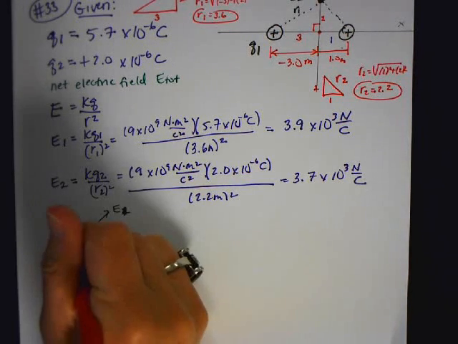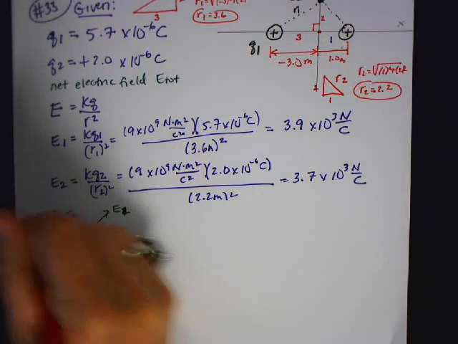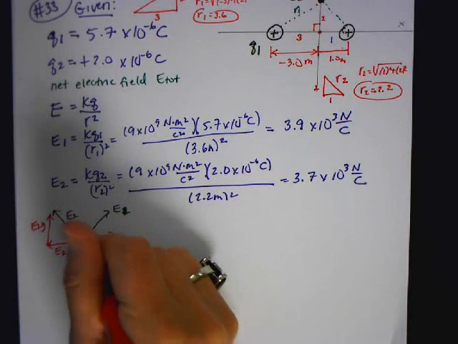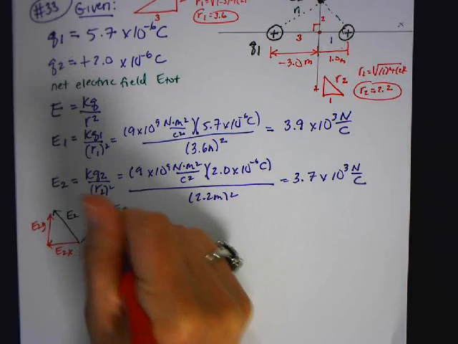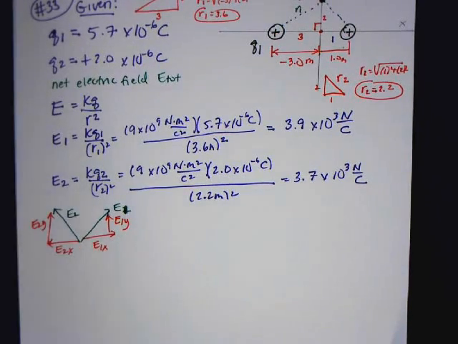So remember, this is E2x, this is E2y, this is going to be E1x, and that's going to be E1y. Remember, whenever I have any vector, I can find the horizontal and vertical components of that vector.